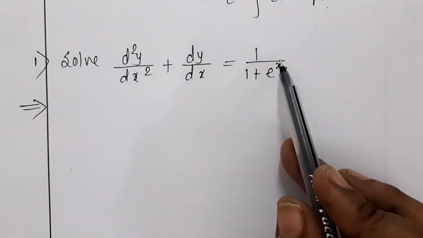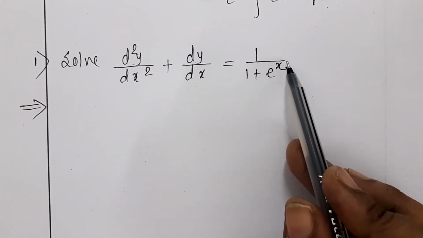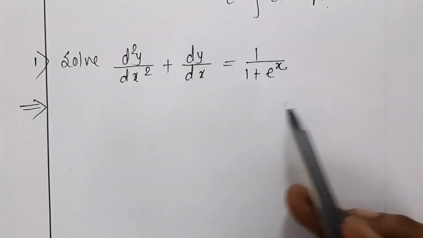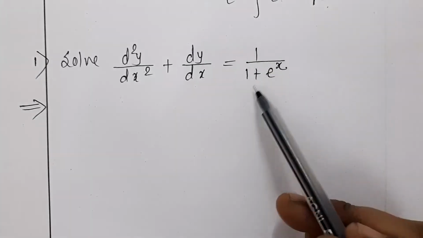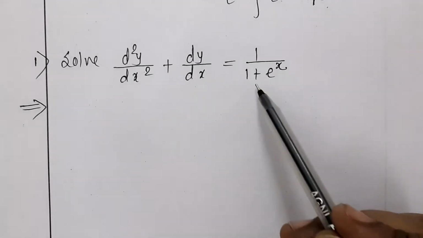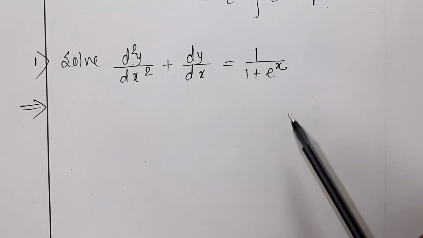Is it exponential, polynomial, or trigonometric, or x into V, or e to the power ax into V? Is this question any one of those cases? No, it is in the form of 1 upon 1 plus e to the power x. We cannot separate this e to the power x from this denominator.